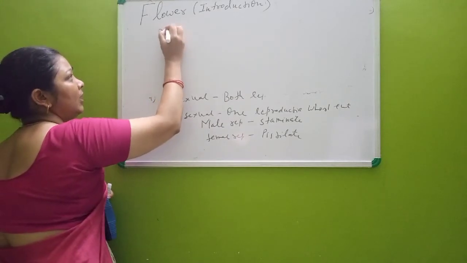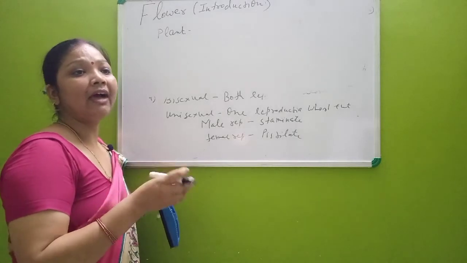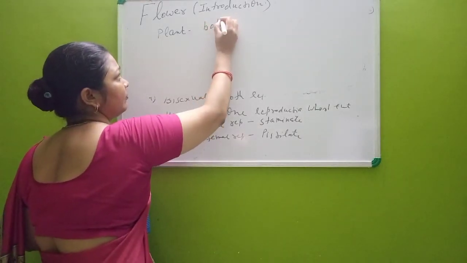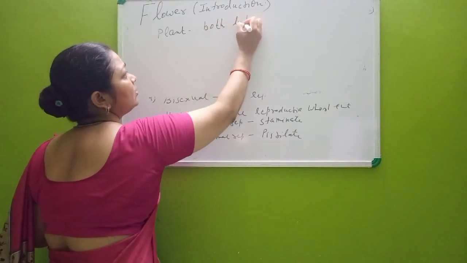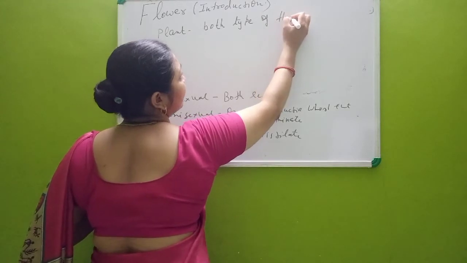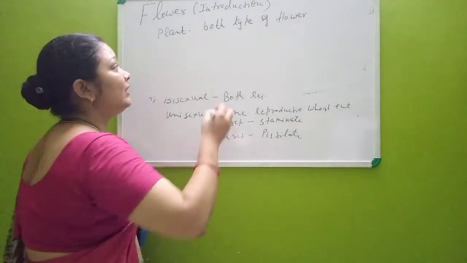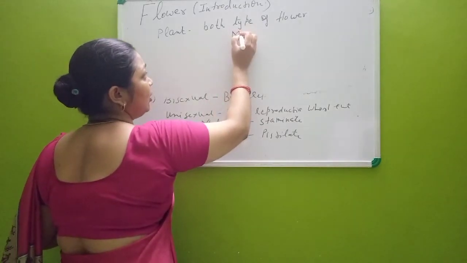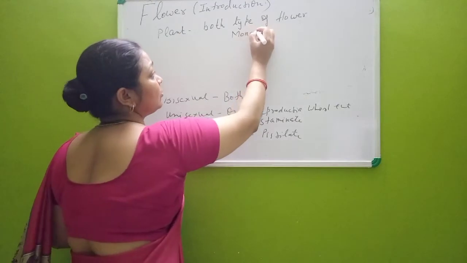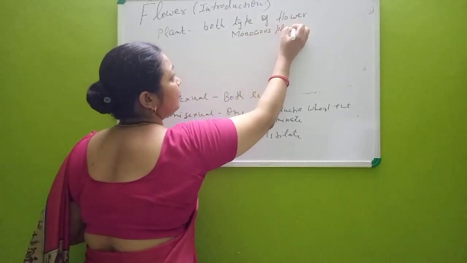If we talk about the plant, and the plant has both types of flower, that is male and female both, then that type of plant is called a monoecious plant.